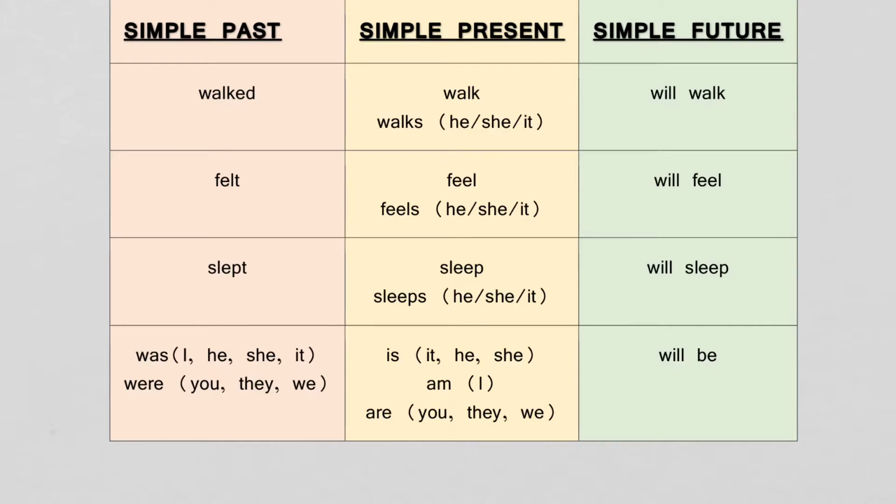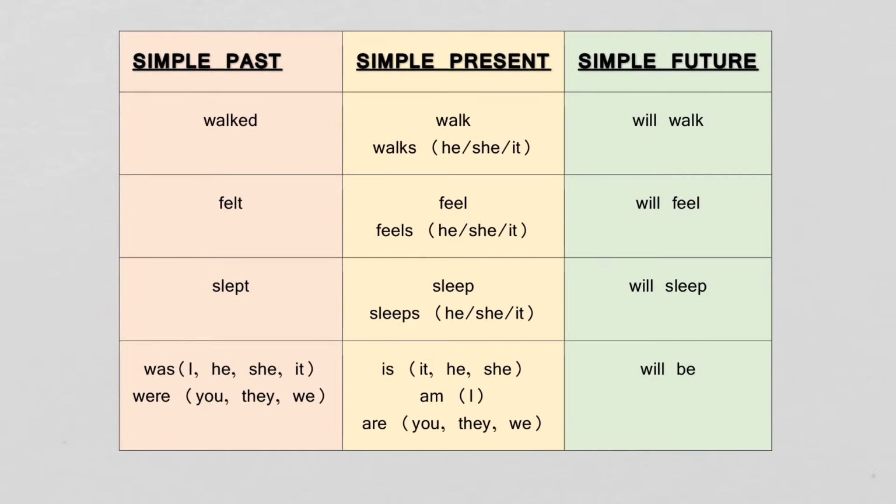You notice will walk, will feel, will sleep, will be. Right? All you really need to remember there is will. So take a look at this, try to remember it, and hopefully it will be helpful. And you can have it with you when you're reading or looking at sentences, and hopefully it'll help.